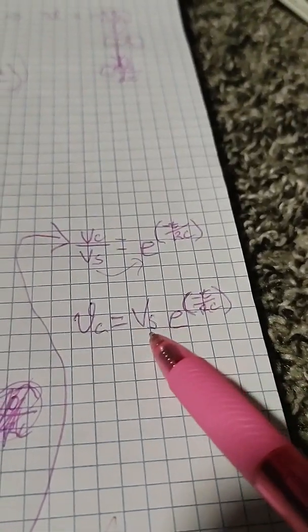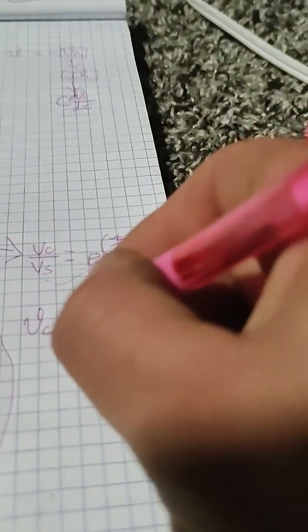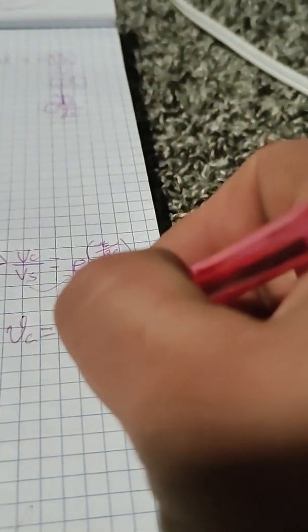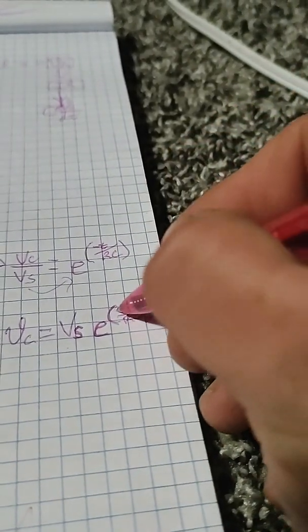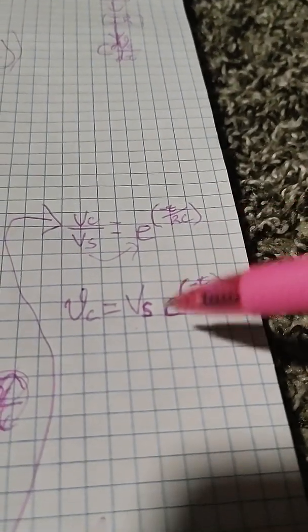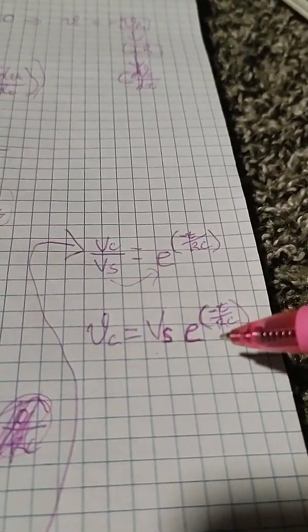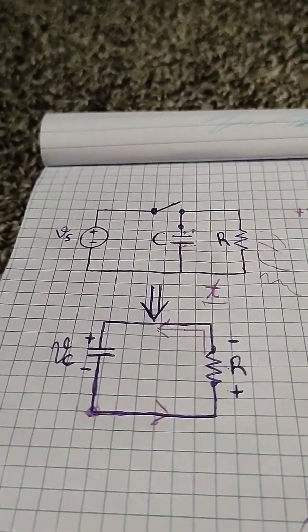Now, does this equation look familiar to any of you? This is the discharging equation for a capacitor that you all know and love. We have created this equation ourselves. It was not given to us right now. We did not know this equation. We started with this.